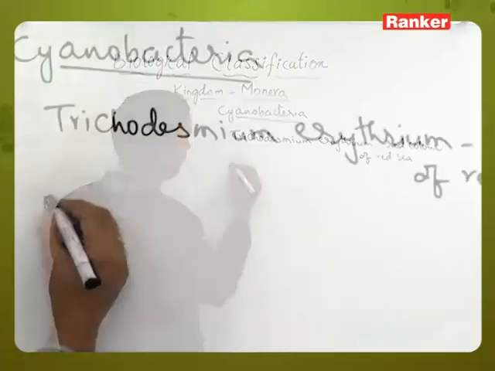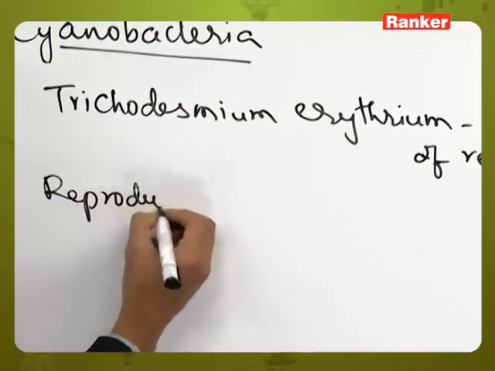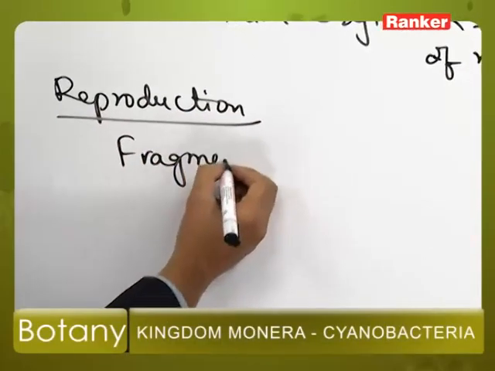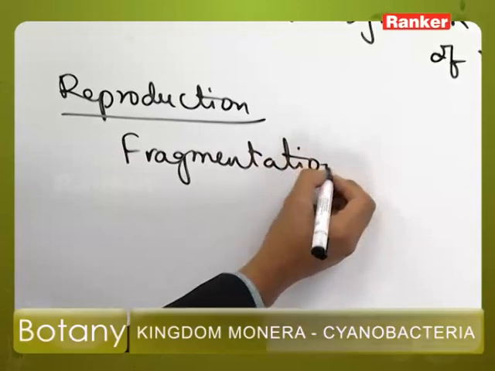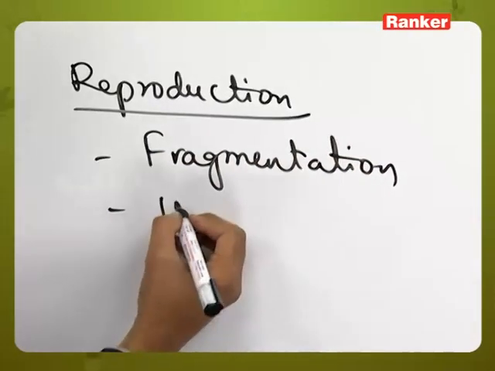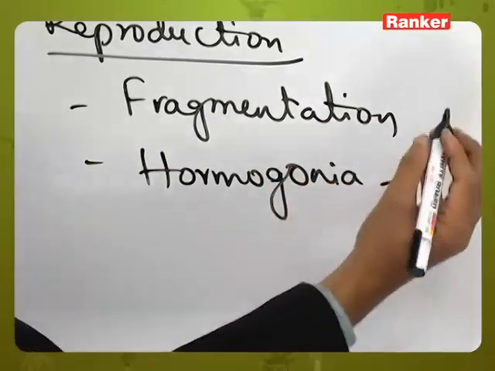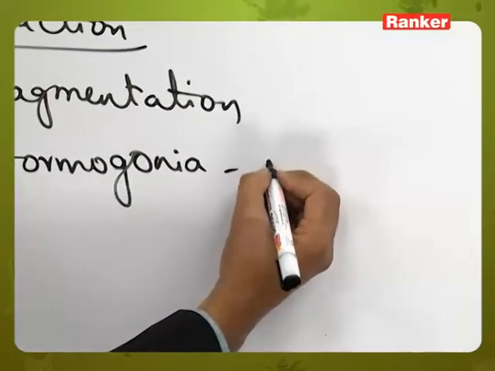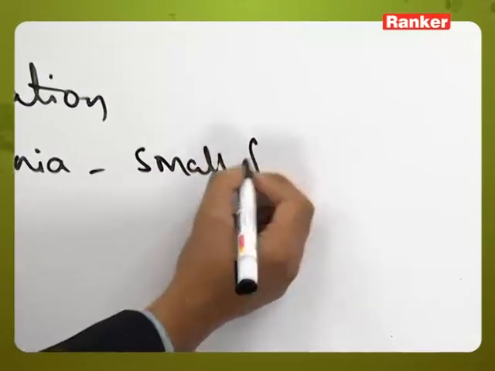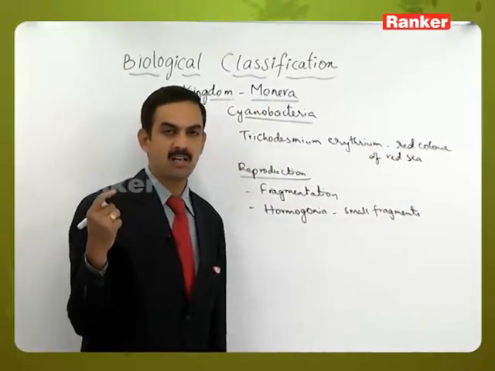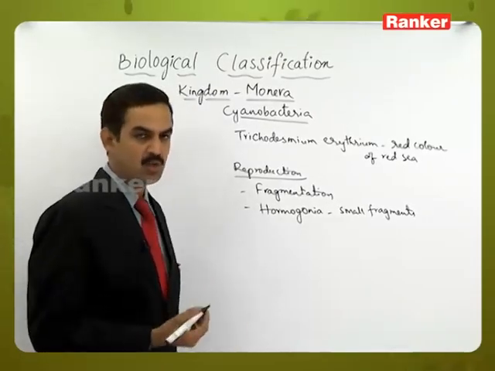Apart from this, for reproduction, they participate in a process called fragmentation. They also form small structures called hormogonia. Hormogonia are special small fragments produced by them. These fragments separate and grow into individual ones.